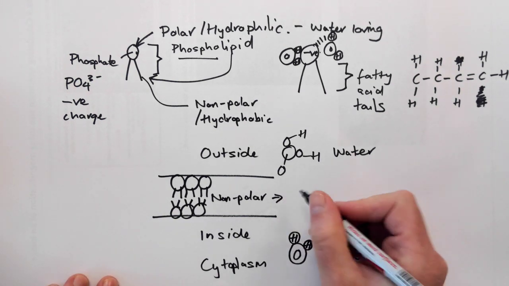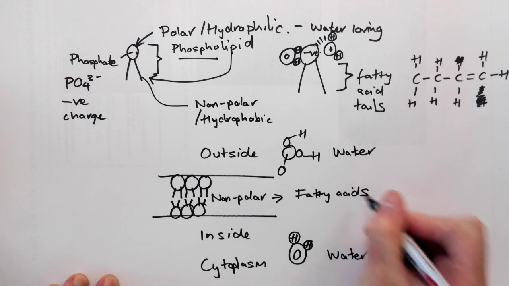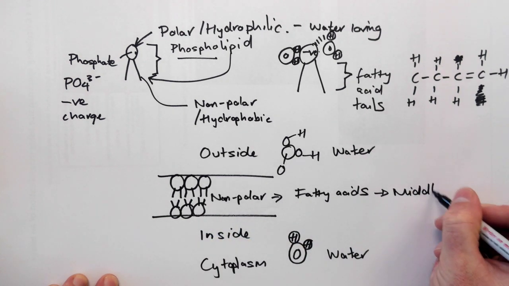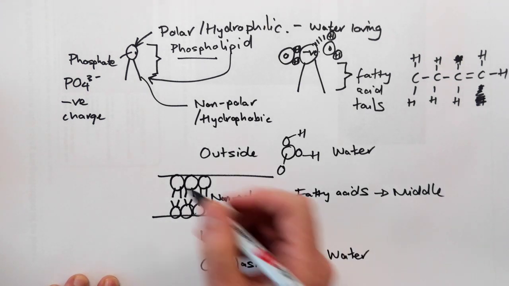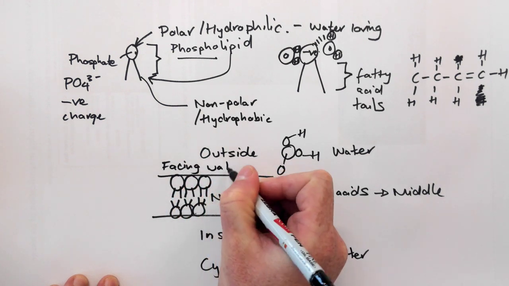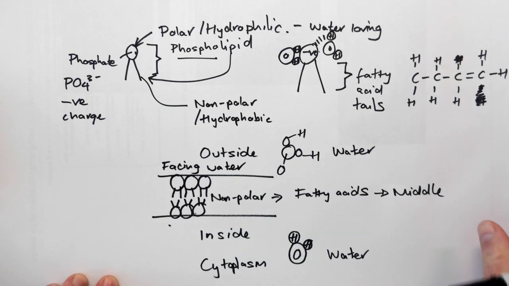So the fatty acids arrange in the middle of the membrane. The polar heads are facing water, and that's outside and inside.